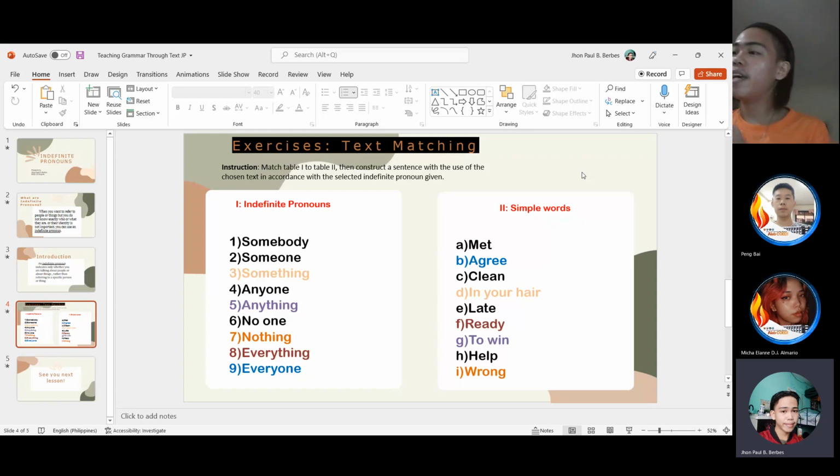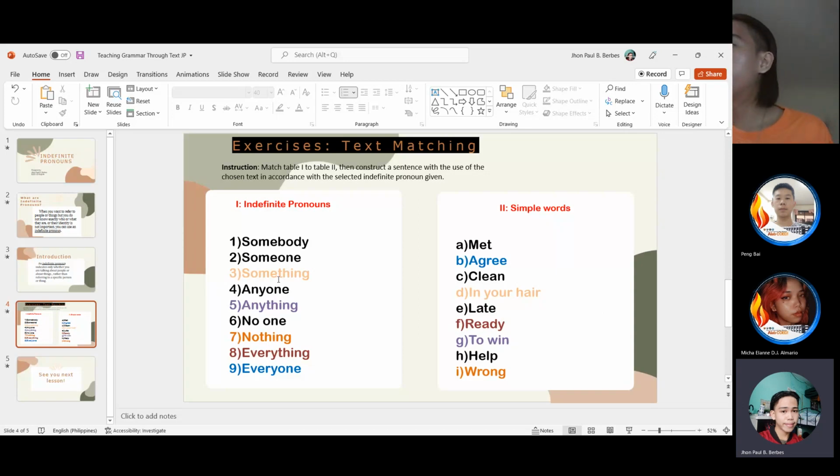Is there something on my hair? Yeah. Because take note that "something" can be used both in a positive statement or question. That's why "is there something on my hair" is also acceptable, using "something" as an indefinite pronoun.